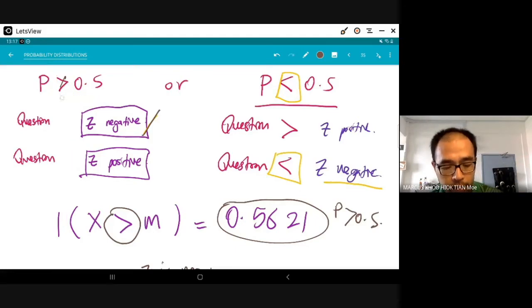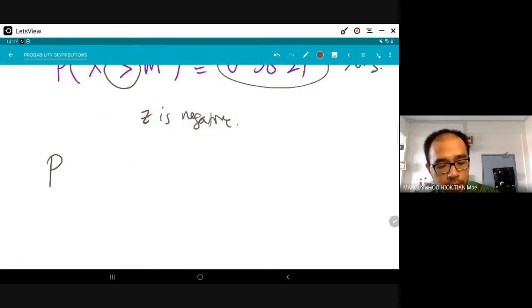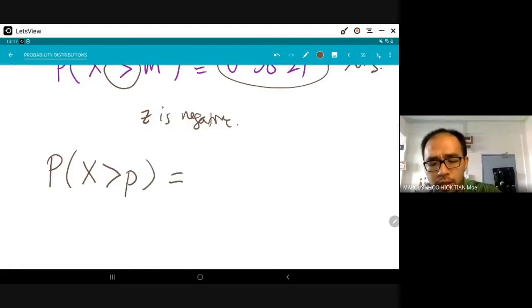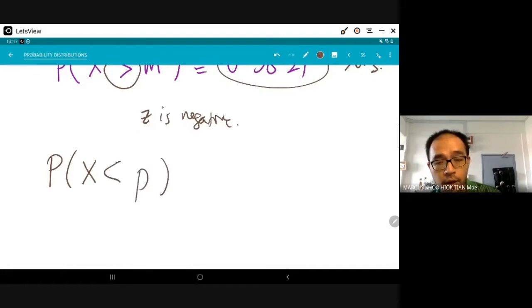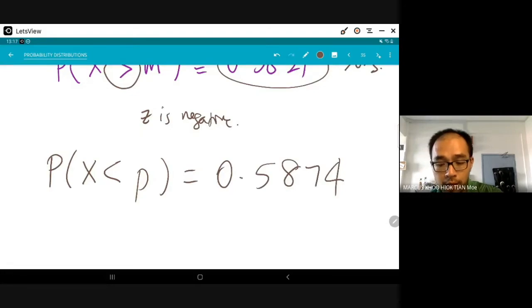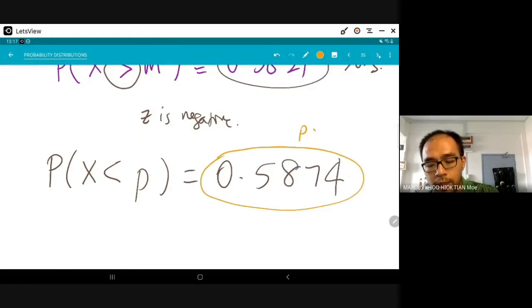Let me give you another one. Probability of X is more than P, actually more saja kan. Let's do another one lah. Less than P is 0.5874. Analyze. Probability is more than 0.5.